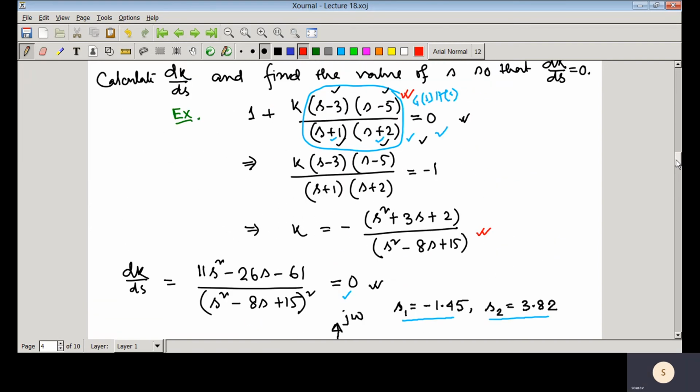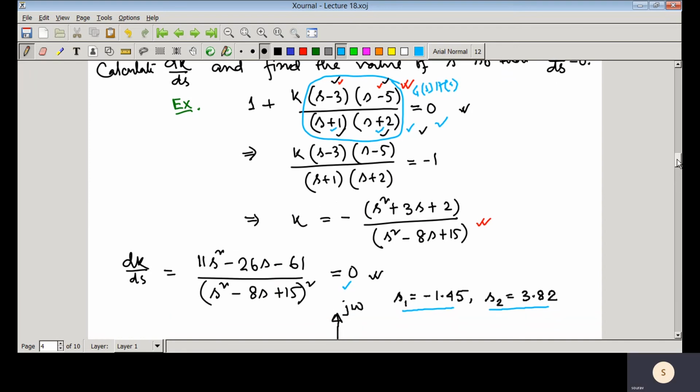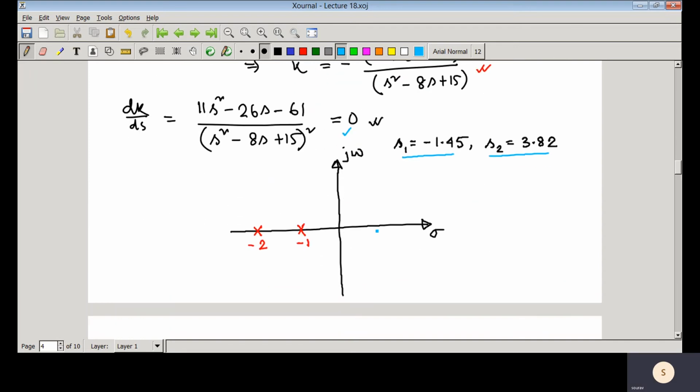And the open loop zeros are at +3 and at +5.